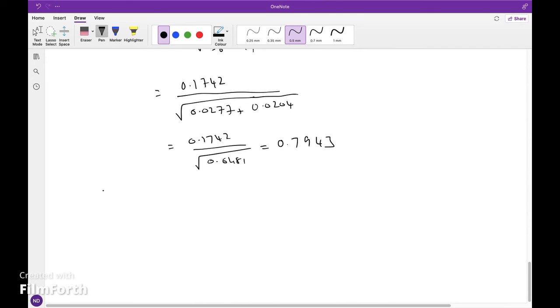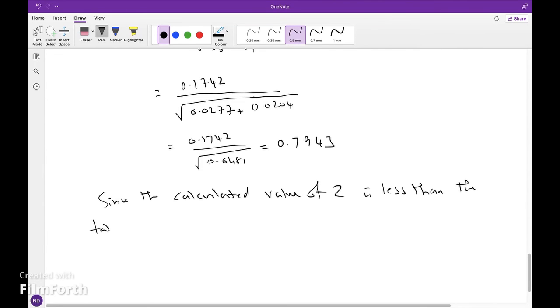Conclusion: since the calculated value of Z is less than the table value of Z at 5% level of significance, the hypothesis is accepted.